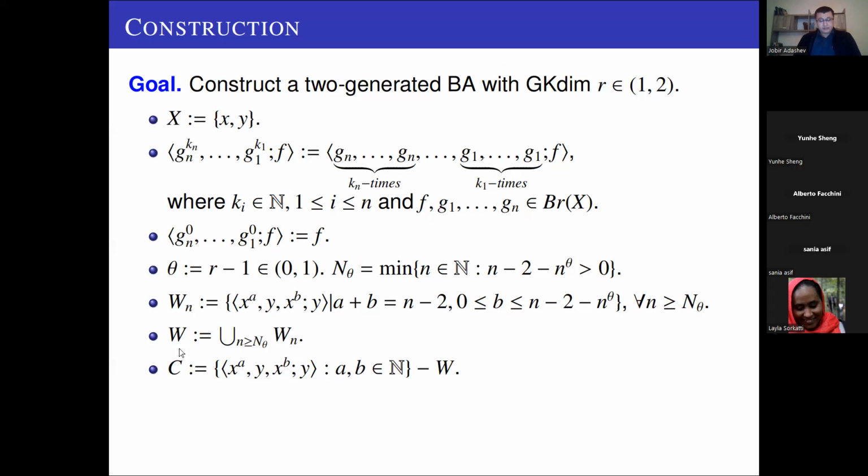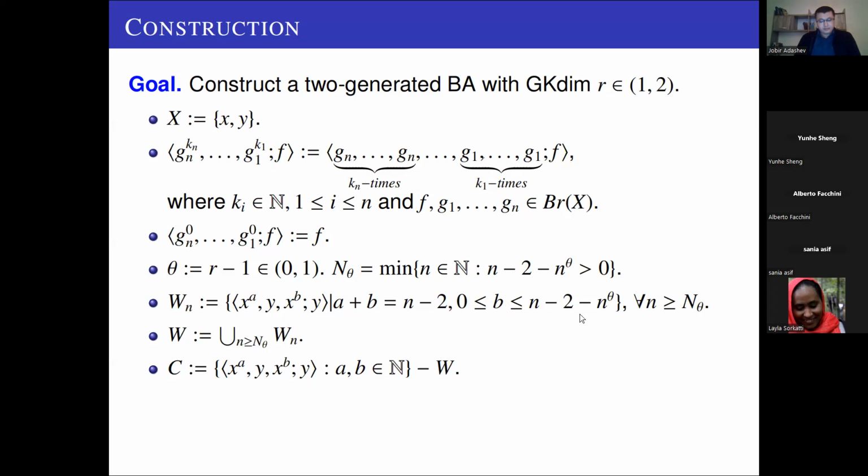And then we put those W_n together, we get the set W. So W consists of normal brace words such that those words have two y's and satisfy this condition.